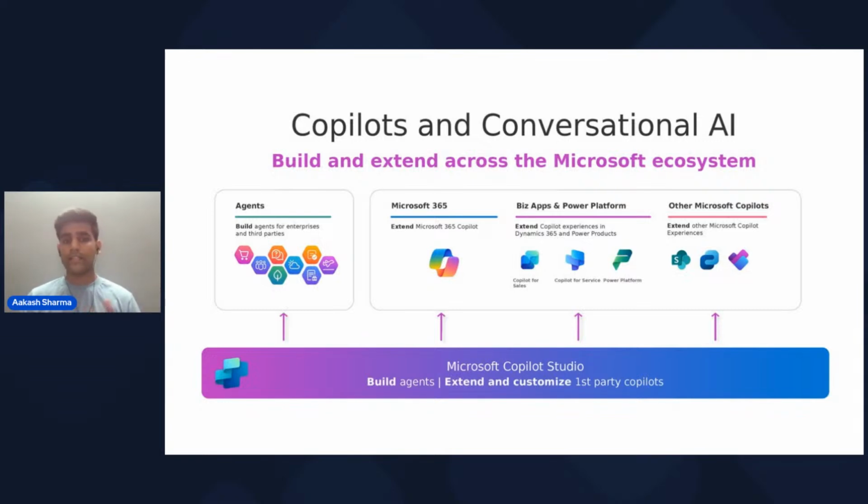And you can extend the Microsoft 365 that you get on your laptops with these specialized generative AIs, because Microsoft Copilot is a generalized generative AI, so it goes in various directions, and Copilot Studio helps us specialize that generative AI.